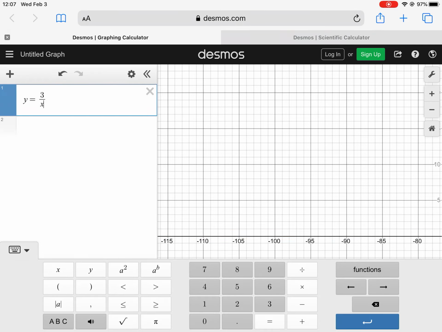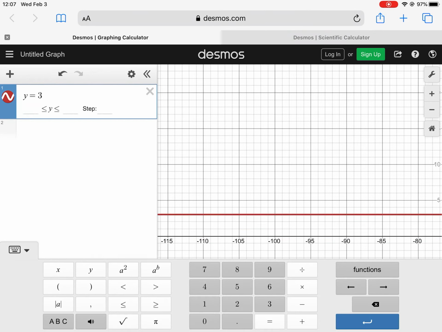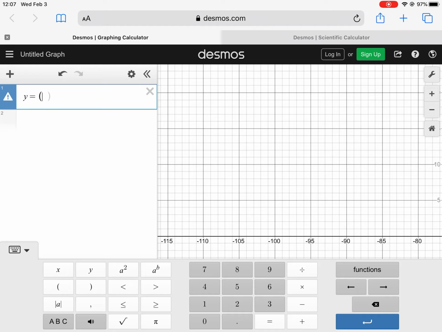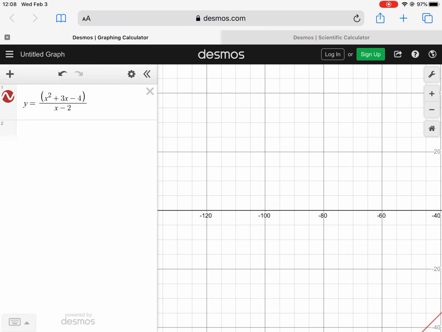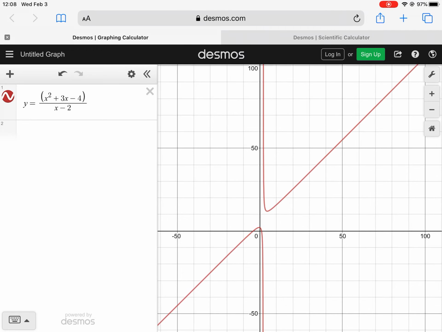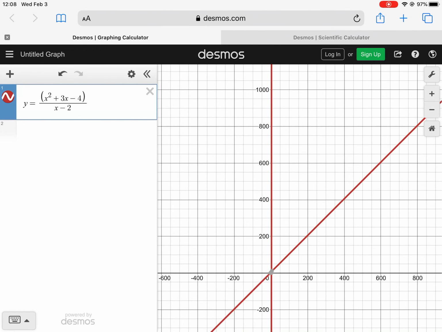So just to conclude this concept here, if you have x squared plus 3x minus 4 divided by x minus 2, let's go back to our original window here.